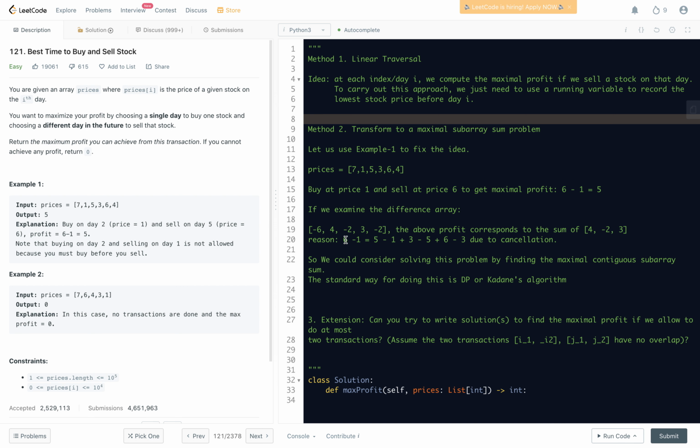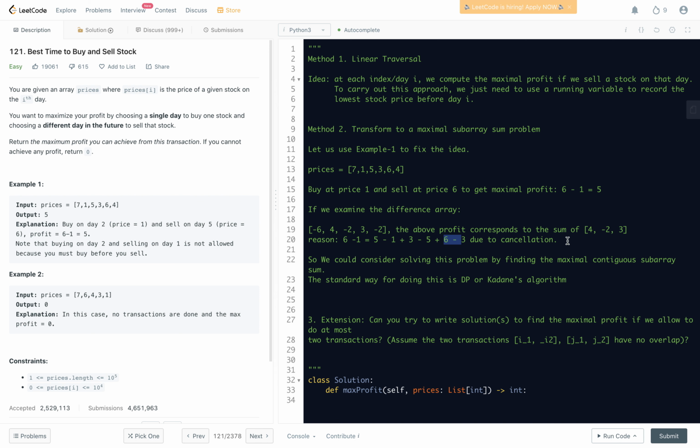The reason is this. We compute 6 minus 1, which is nothing but 5 minus 1 plus 3 minus 5 plus 6 minus 3. Due to cancellation in between, we arrive at 6 minus 1. But this is nothing but the sum of the differences, which corresponds to 4, negative 2, and 3.